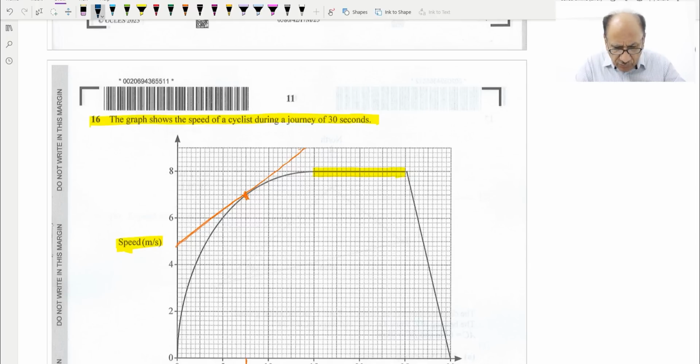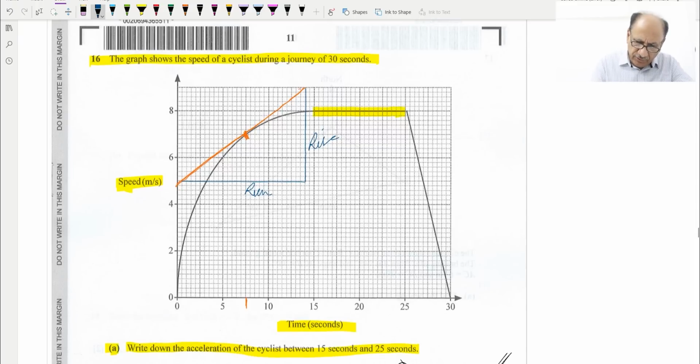the line also like this one, you can consider the triangle, and this side will be rise and this side will be run. Rise will be 1 2 3 4, so rise will be 4 and run will be up to, you can say, 14.